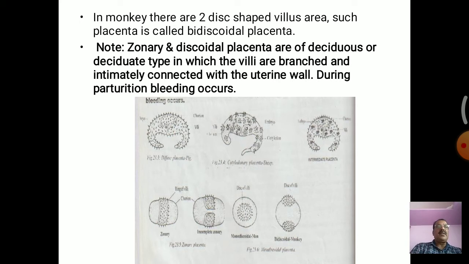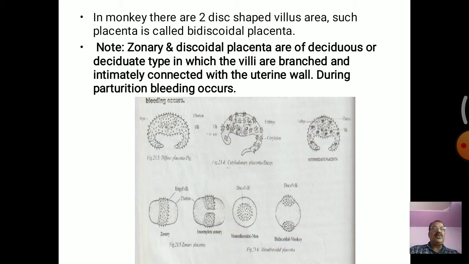Such a placenta is called bidiscoidal placenta. Note: zonary and discoidal placenta are of deciduous or deciduate type in which the villi are branched and intimately connected with the uterine wall. During parturition, bleeding occurs.